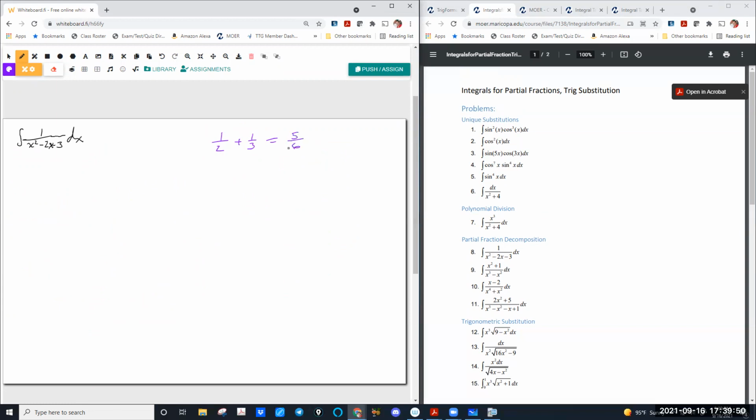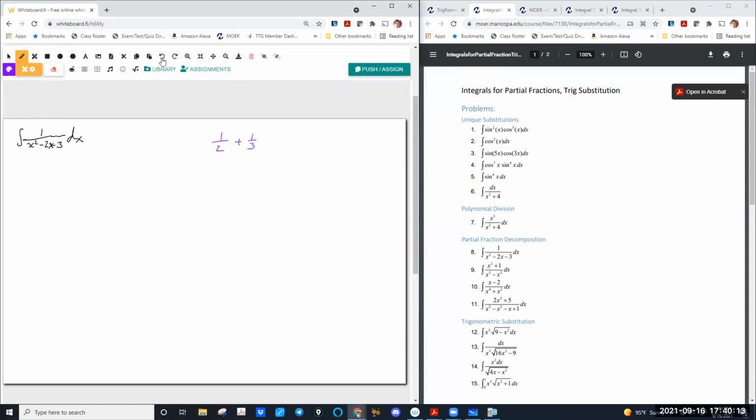This would be 5/6. Partial fraction decomposition says, okay, how do we split 5/6 into something that's more manageable? So we go this direction. We're splitting 5/6 into two separate fractions. So the goal of partial fraction decomposition is to split this into more manageable integrals.